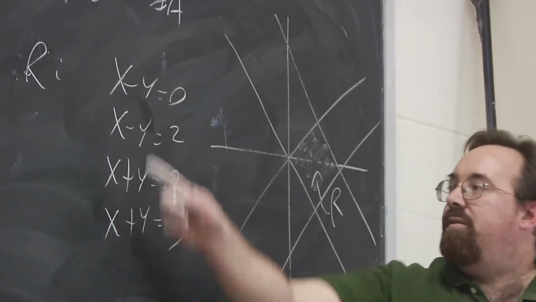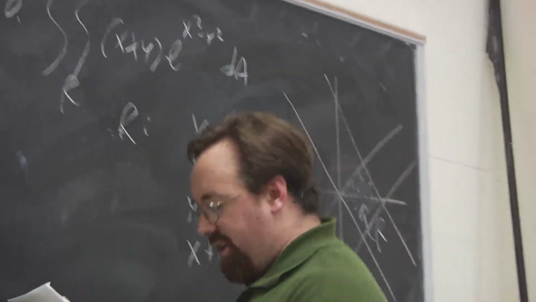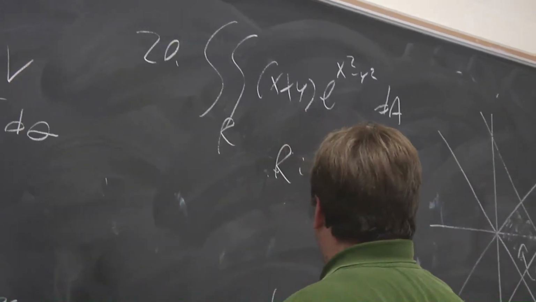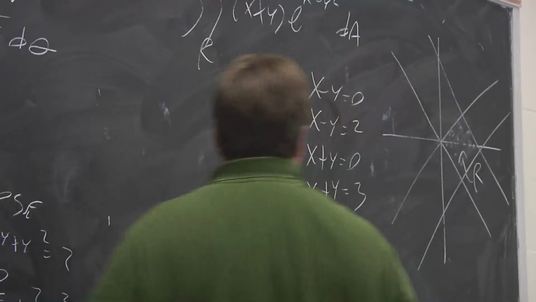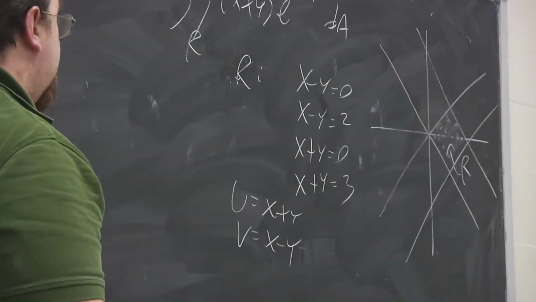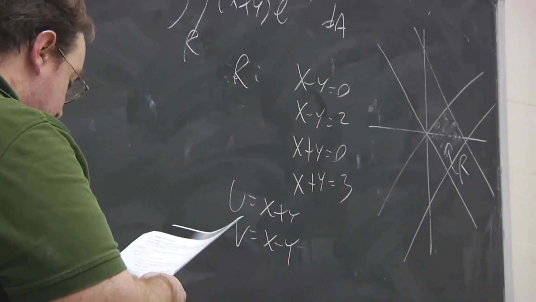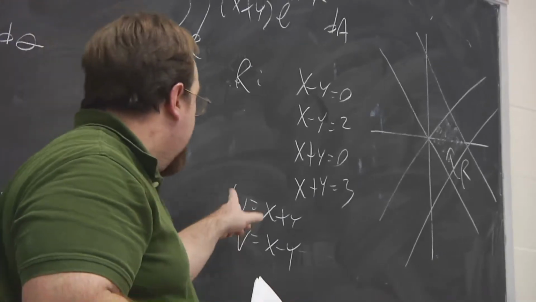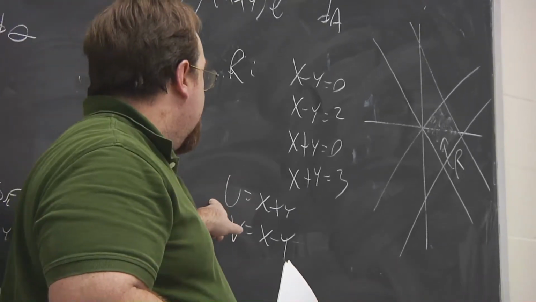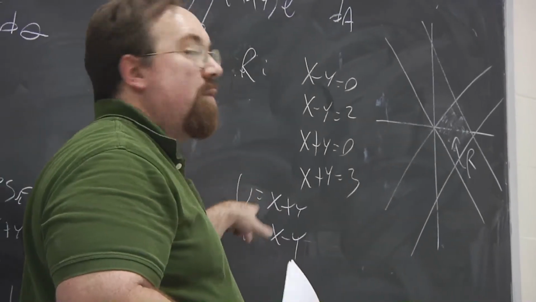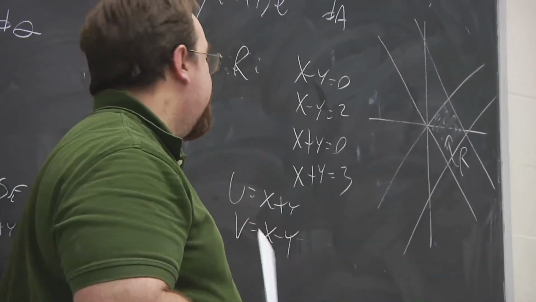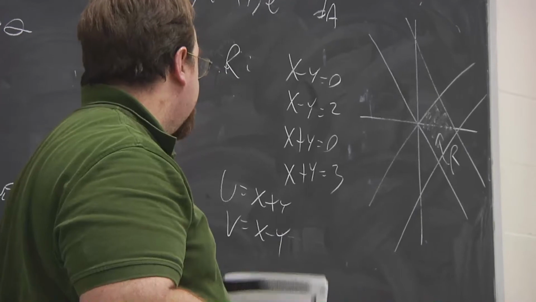So this suggests, let's let u be equal to x plus y, v is equal to x minus y. But here, you still have to describe your original variables in terms of the new ones. So this is not the right relationship to define a Jacobian.